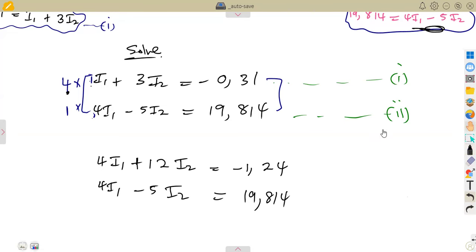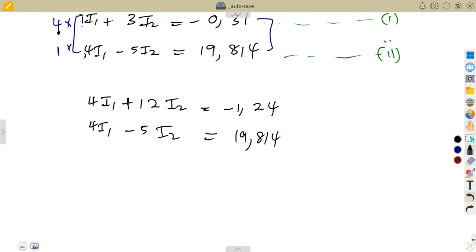The two equations can be subtracted since this is positive and is the same. It's a positive 4, positive 4. So you can subtract to eliminate I1. Remember, you want to eliminate current 1. As usual, guys, you're just going to subtract them because the signs are the same.